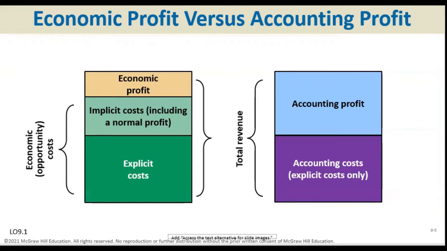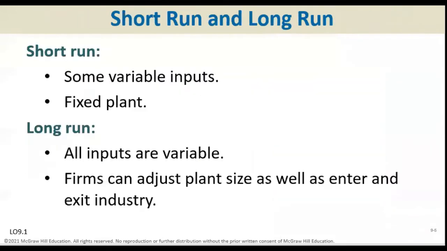The economic profit is equal to the total revenue less economic cost, and that economic cost includes implicit and explicit costs. Well, when we move to the accounting profit, it is your total revenue minus just accounting cost, which is only the explicit cost.